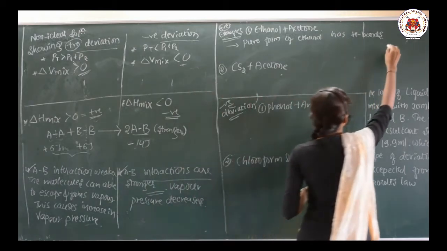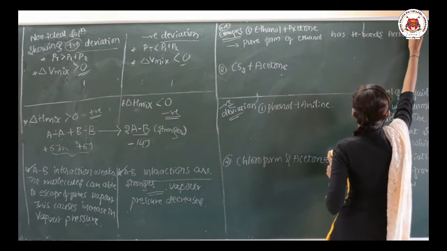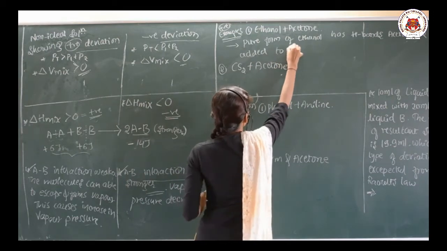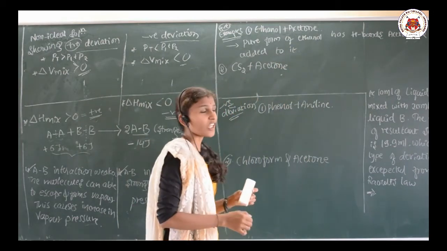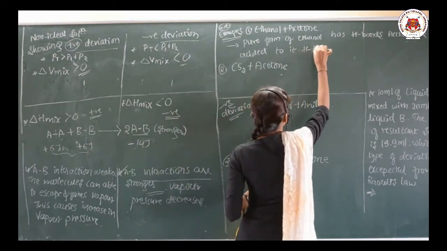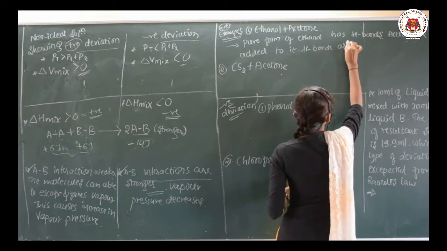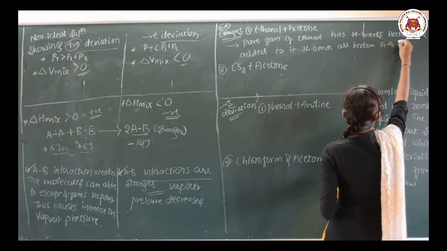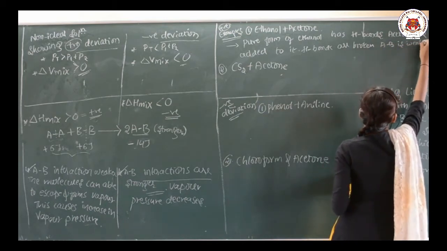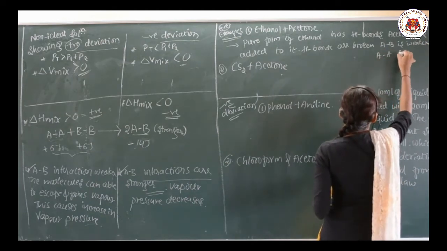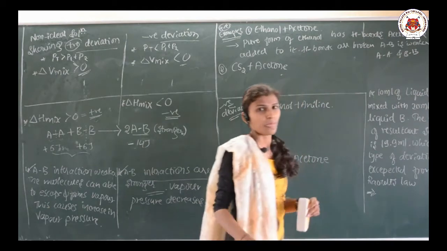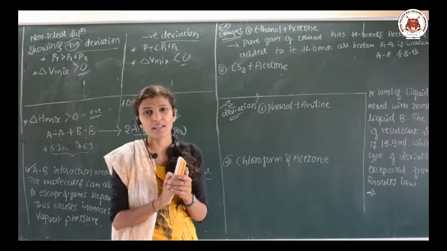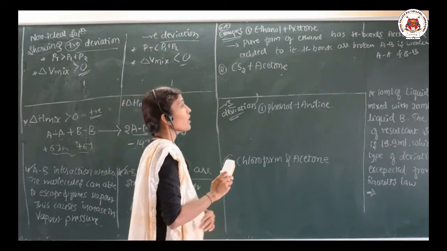When acetone is added to it, the H bonds are broken, and the AB interaction is weaker as compared to the AA and BB interactions. Pure ethanol has hydrogen bonds; when I add acetone, those hydrogen bonds are broken.